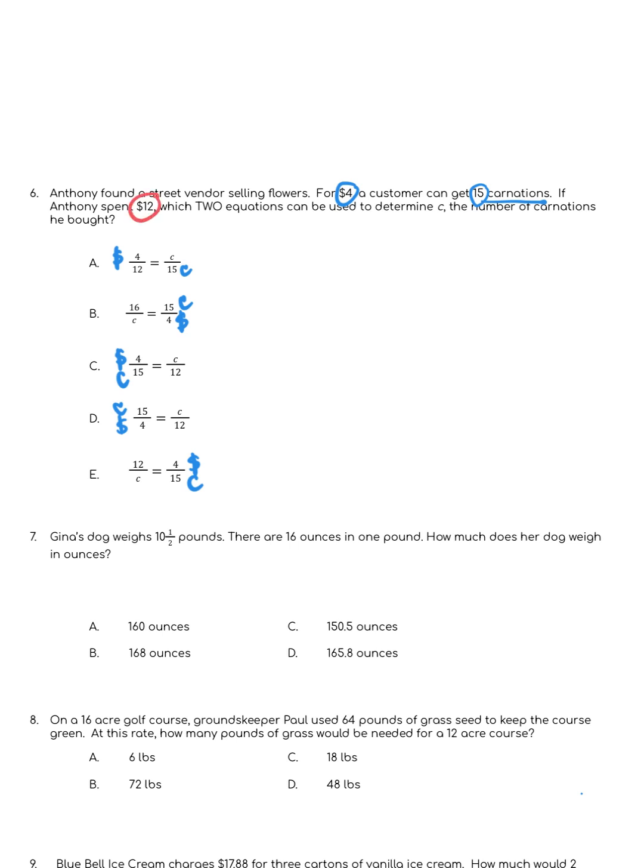So my 12 should be dollars. I don't even know where B is, not it. Let's see, $12. And then that's when we're trying to figure out C, the carnations. So C is just C.